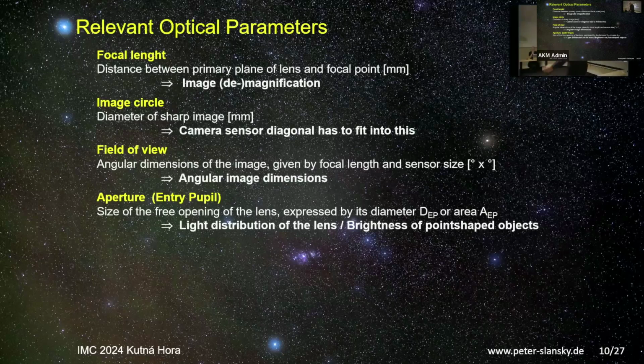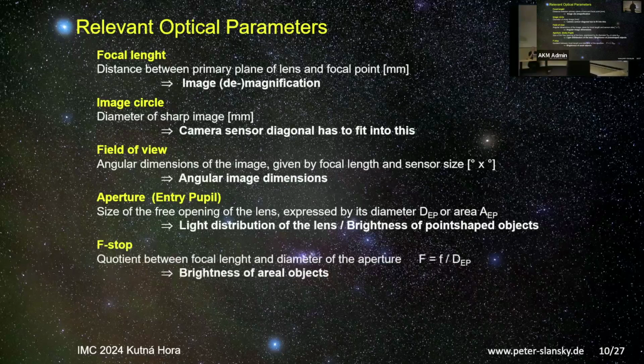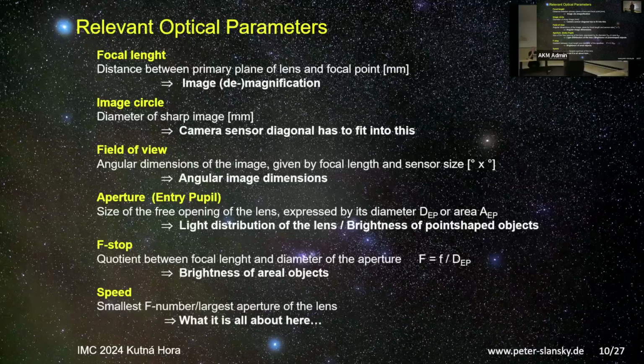If the aperture is small, you have less. The f-stop of the lens, which correlates with the speed, is nothing more than the quotient between the focal length and the diameter of the aperture. It's the area, not the diameter, that is proportional to the amount of light. So with the circle formula, you get a relation that goes with a square root of 2 factor of the f-stops.